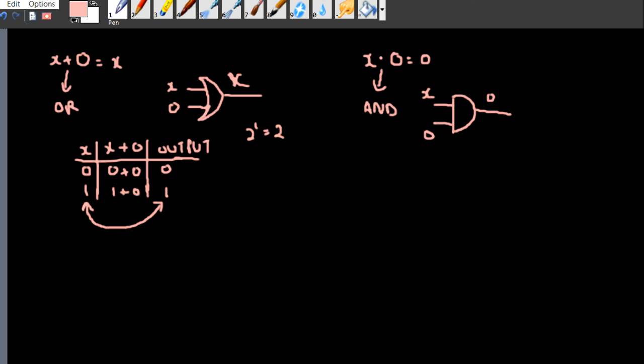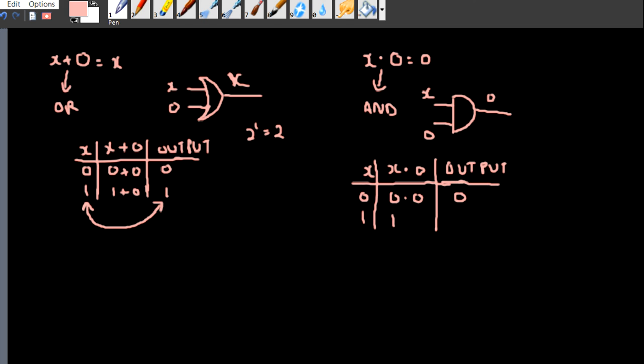So let us understand this with the help of a truth table. X, and in another column x into 0, and output. Possible values of x are 0 and 1. 0 into 0, the output is 0, and 1 into 0, output is 0.